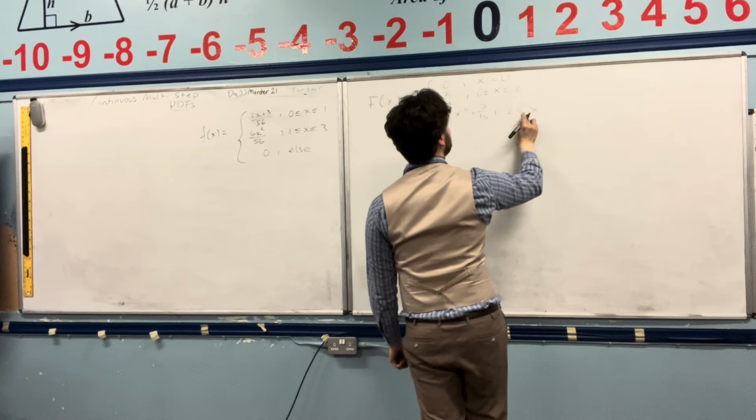Show that b equals 4. Well, b is the maximum of the range, so if I evaluate this at b, it should equal 1. So 1 over 480 b to the 4 plus 7 over 15 equals 1.